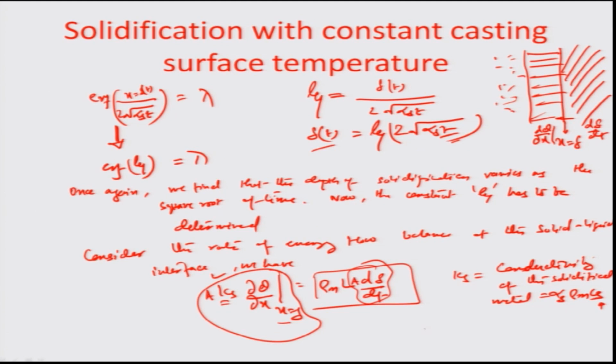Cs is the specific heat capacity of the solidified material, and rho m is the density of metal which is the same in solid and liquid state.